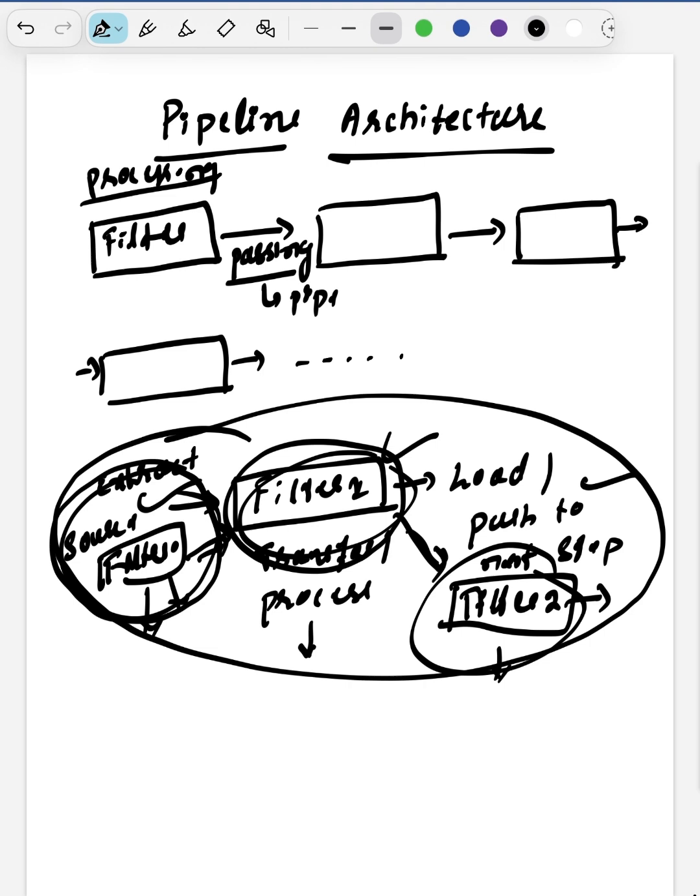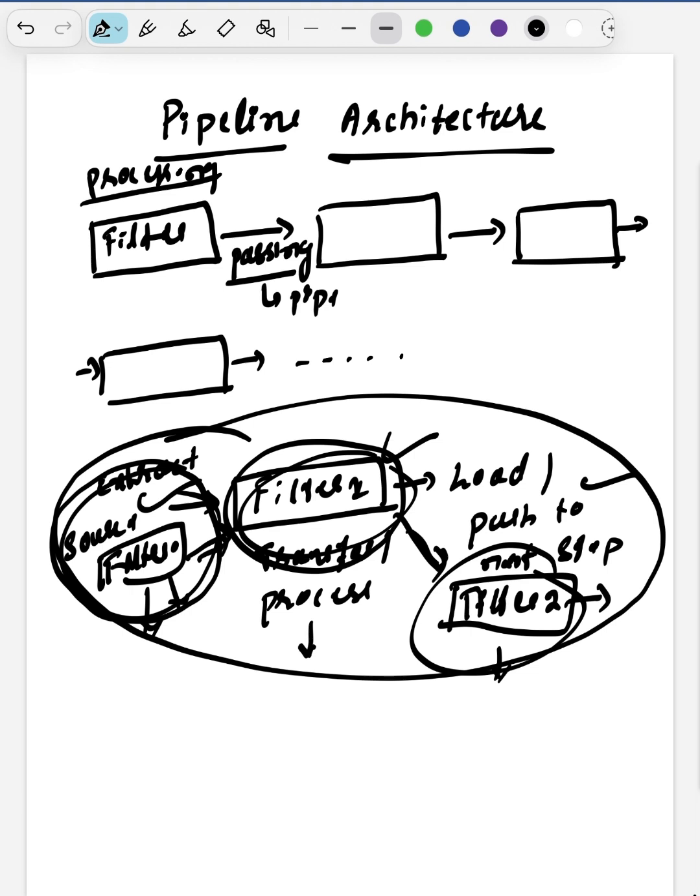So in summary, the pipeline architecture is implemented through ETL systems. This is why the pipeline architecture is commonly used in enterprises.